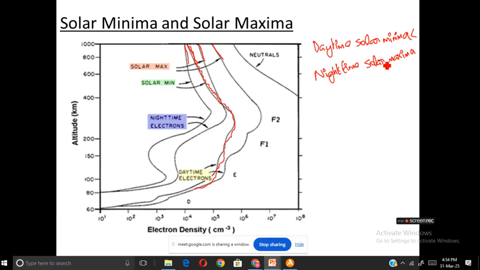Solar maxima nighttime is this one. So daytime solar minima is less than nighttime solar maximum. So when the solar maximum is going on, even the nighttime production is greater than the daytime production during solar minimum. So, similar to the diurnal variation, the solar cycle also matches.